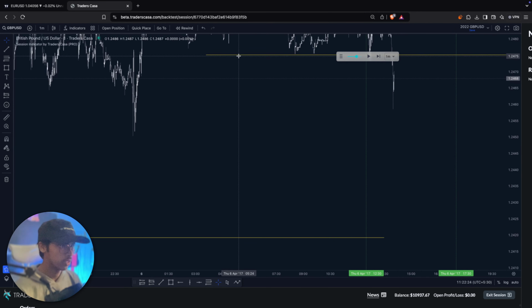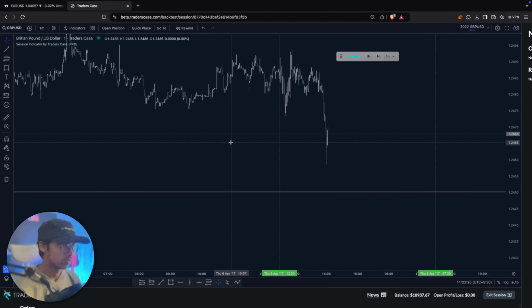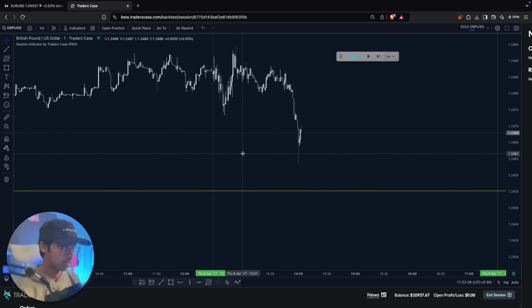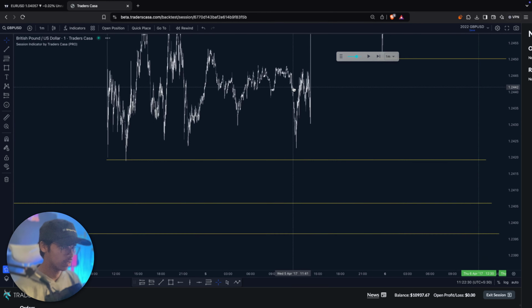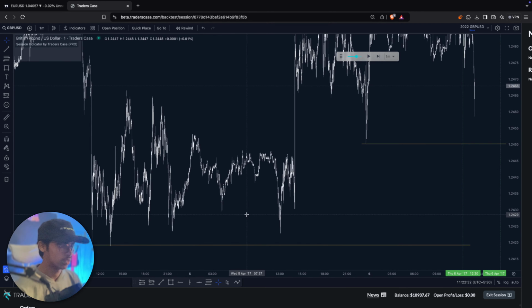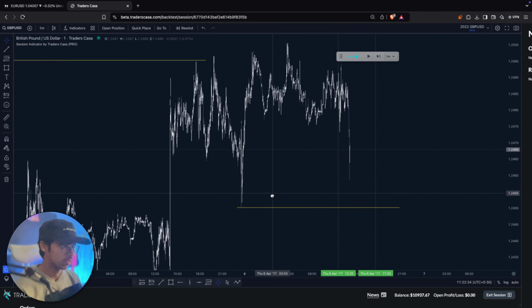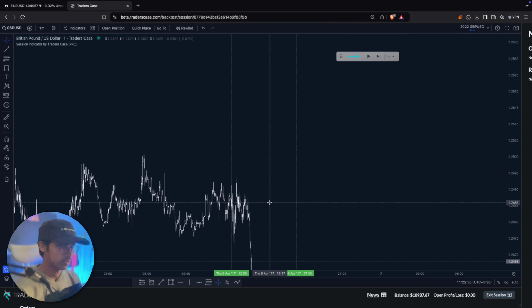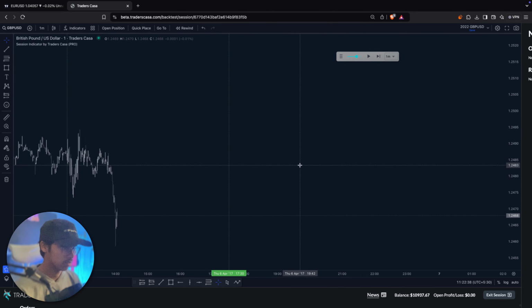What do you think? This low will be taken or not? I'll just keep a price here just to have a mark. Okay. A lot of sell side liquidity is built here. That is also here. Can the price rally towards it or not?